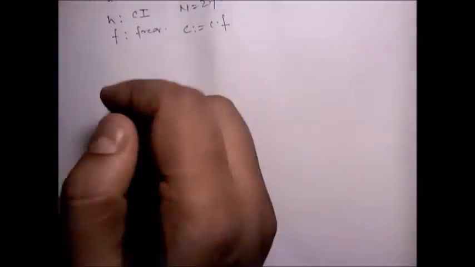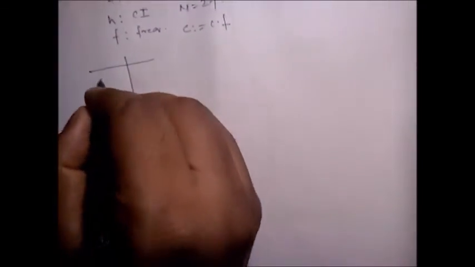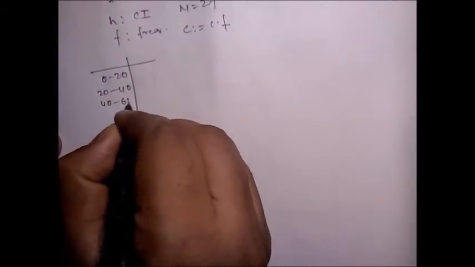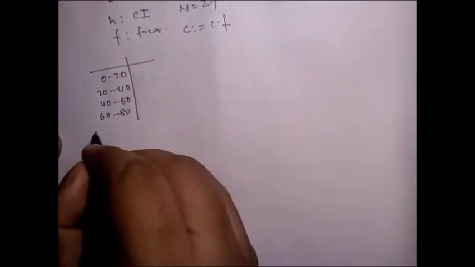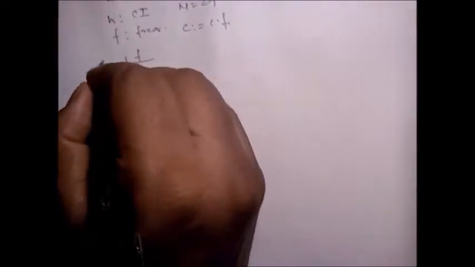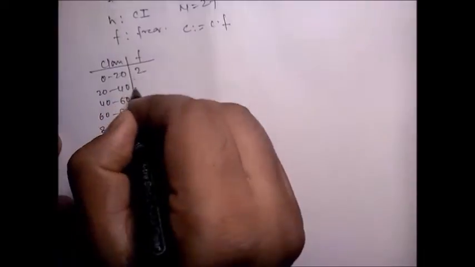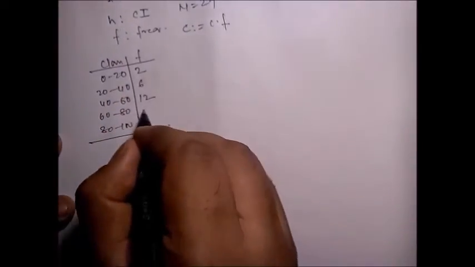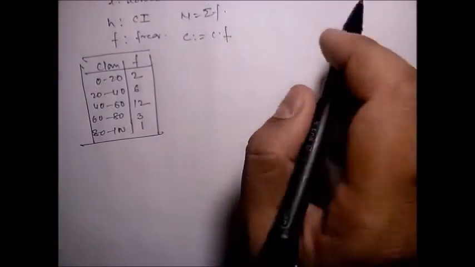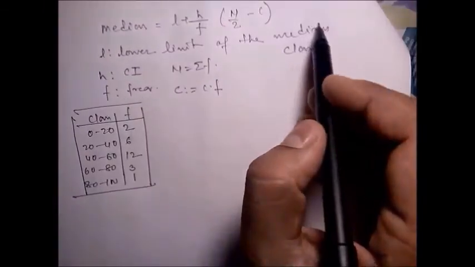So you can take one simple example. Suppose we have the classes 20 to 40, 40 to 60, 60 to 80, 80 to 100. The frequencies are 2, 6, 12, 3, 1. Okay. So first of all, we have to see what the median class is.